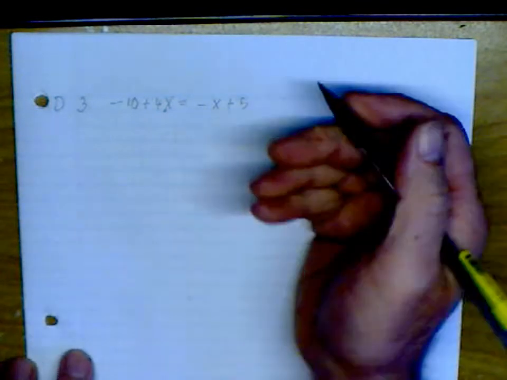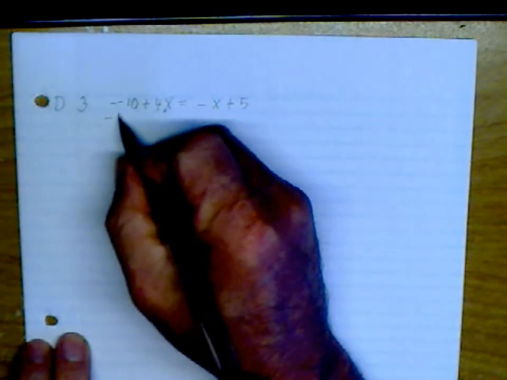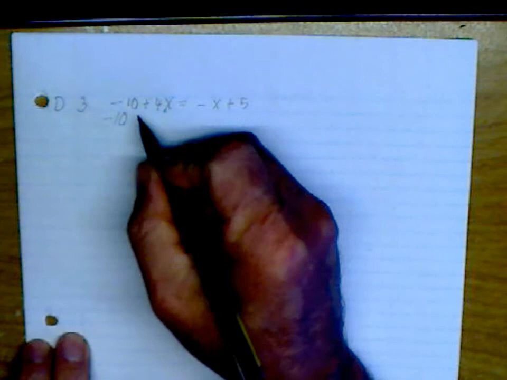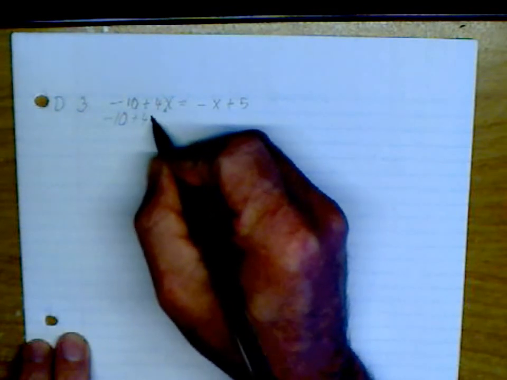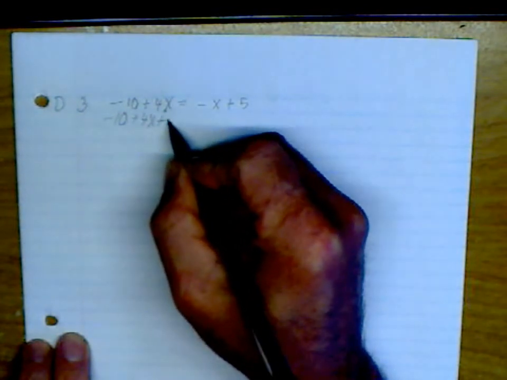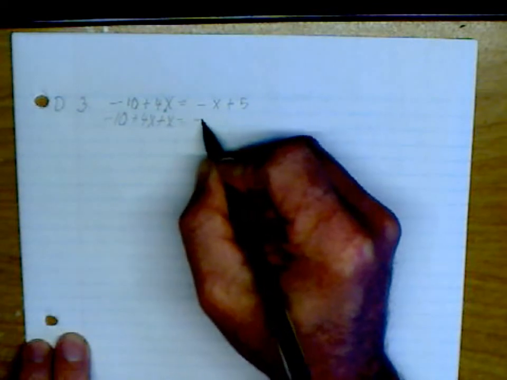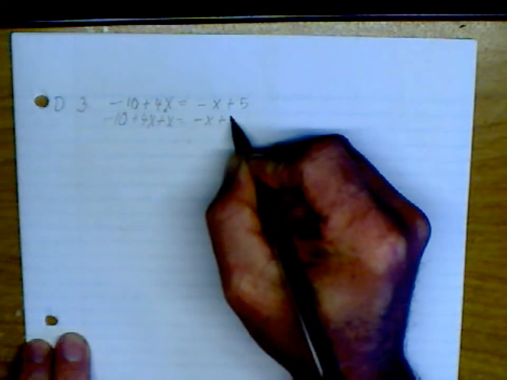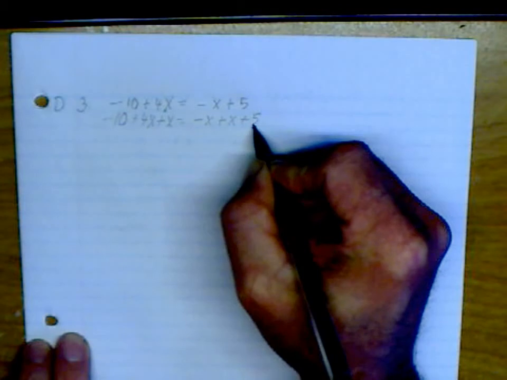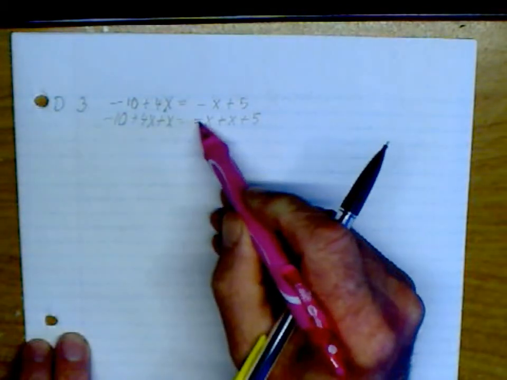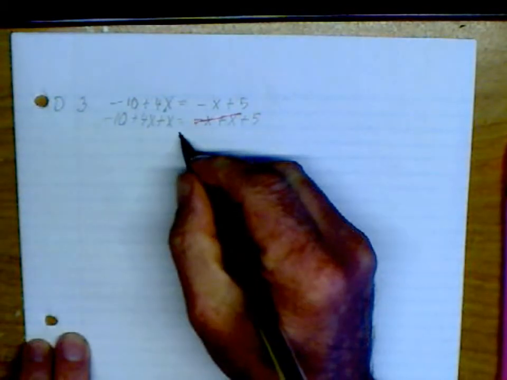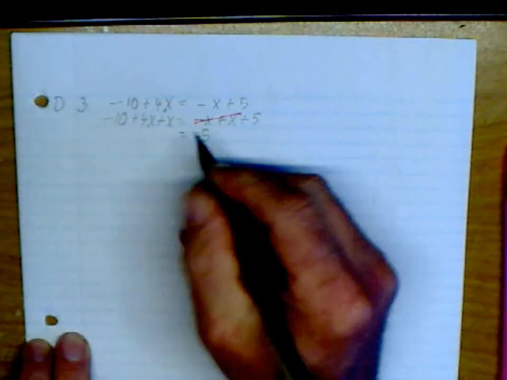Letters on the left, usually. Negative 10 we don't touch. We're going to add an x here and add an x here. That's going to take care of these. So we're left with a 5 yonder.